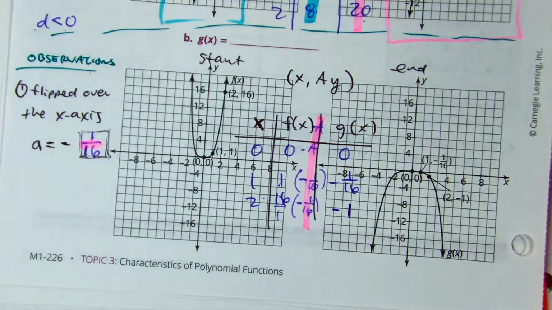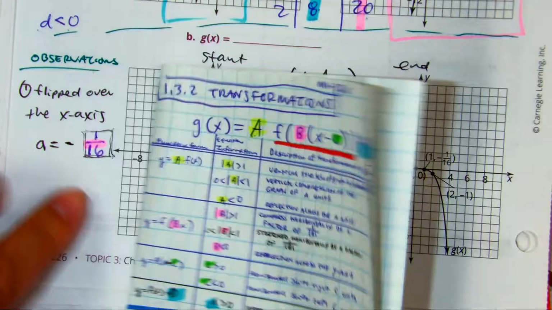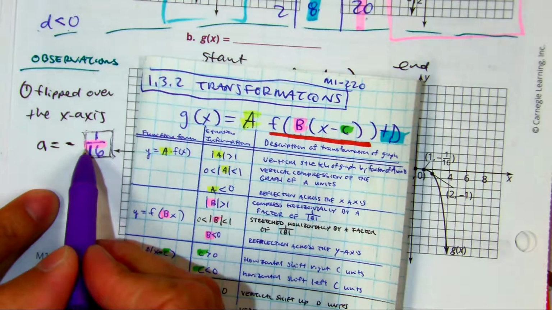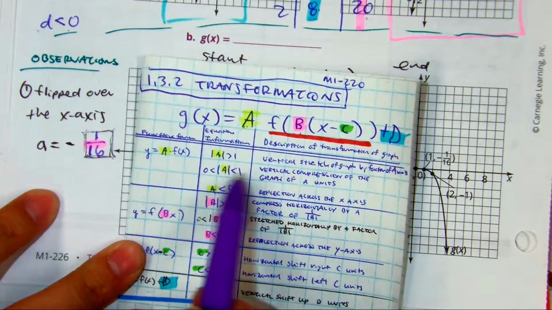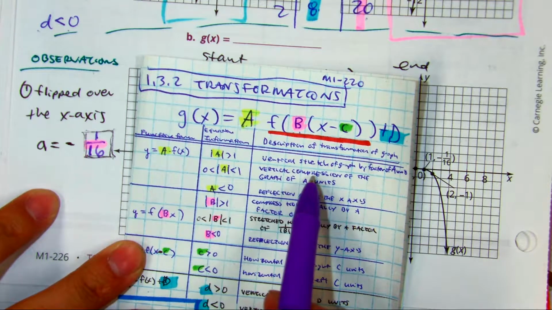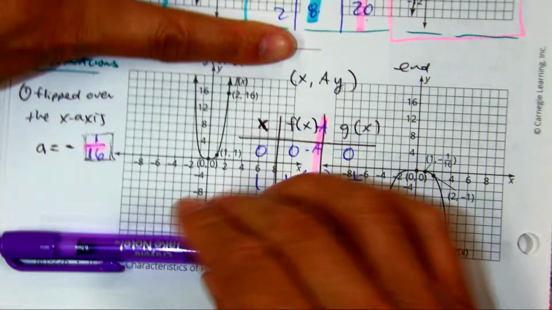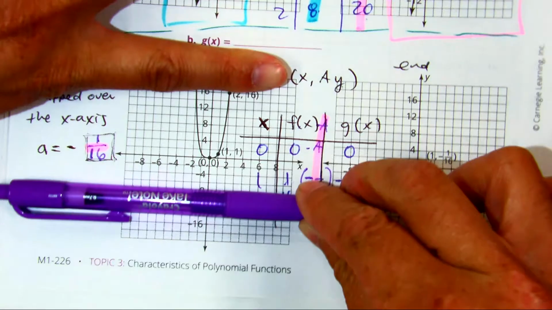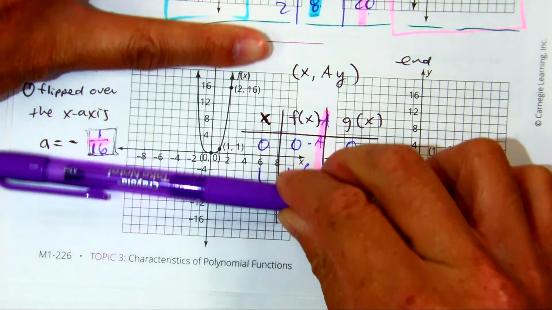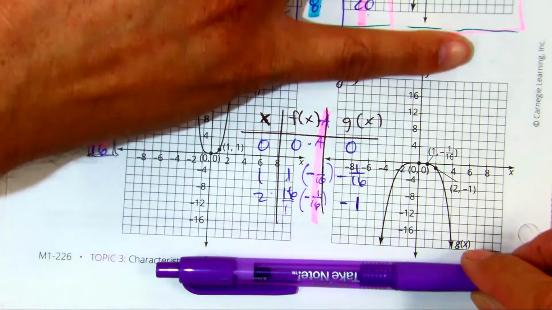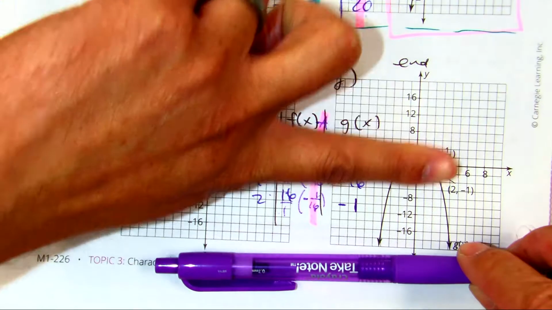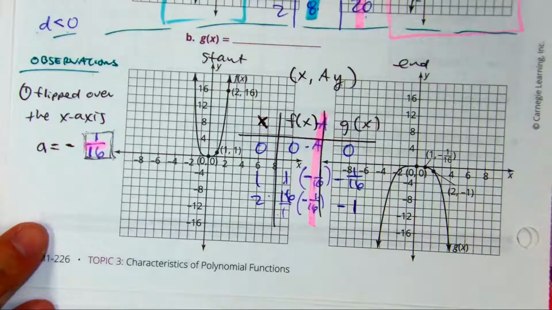Okay, this makes sense. Let's double check. Negative 1/16 is a fraction. It's a number between 0 and 1. Look at this. It says vertical compression of the graph. What does a vertical compression mean? I'm going to squeeze it. And if I squeeze it like it's a hamburger, right? It's going to get squished. It's going to get flatter. Does that make sense? Okay.